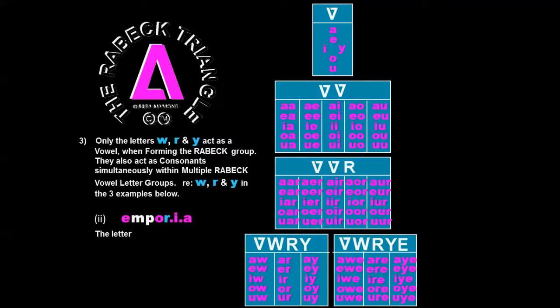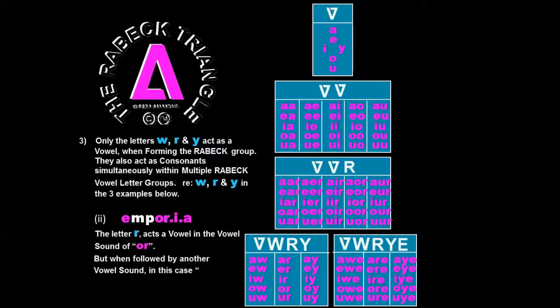Emporia. The letter R acts as a vowel in the vowel sound of aura. Aura. But when followed by another vowel sound, in this case, ear, the letter R becomes a consonant immediately after. Emporia.